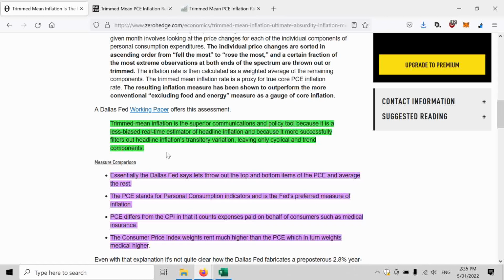Inflation was sustained, even though they have been saying it was transitory, and now they have come up with this alternative measure to weed out inflation's transitory variations and only give you trend components, which is nothing but, you know, lies. It is just fudging figures and data to sell the narrative, which is that inflation is low, really.